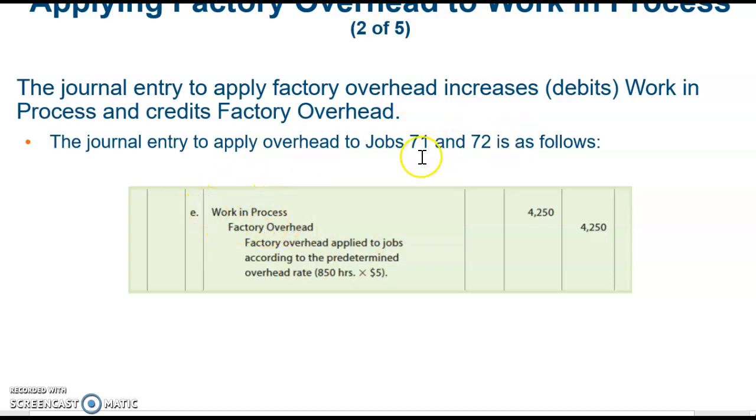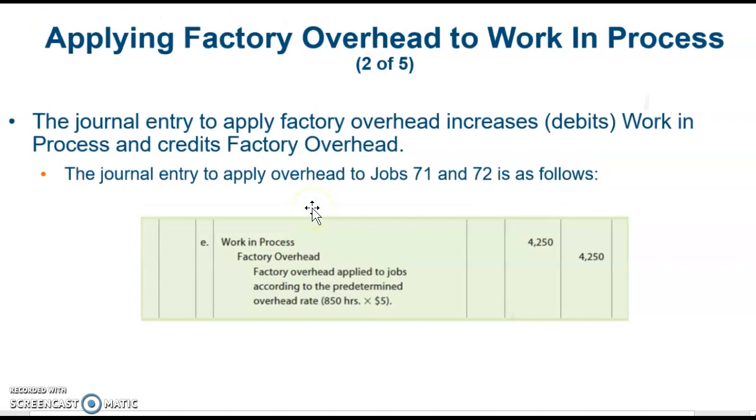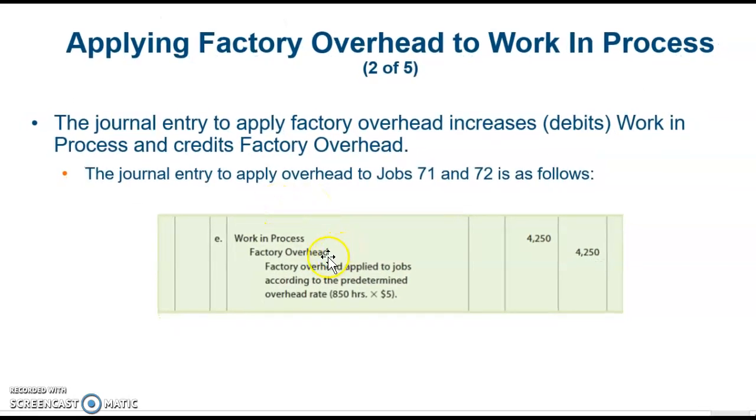It doesn't go into the cost of that job until we take it out of factory overhead and actually put it into WIP. But this is always your journal entry for allocating factory overhead. Debit WIP, credit factory overhead.